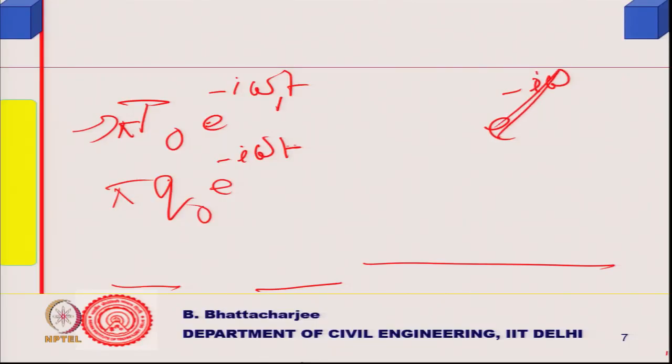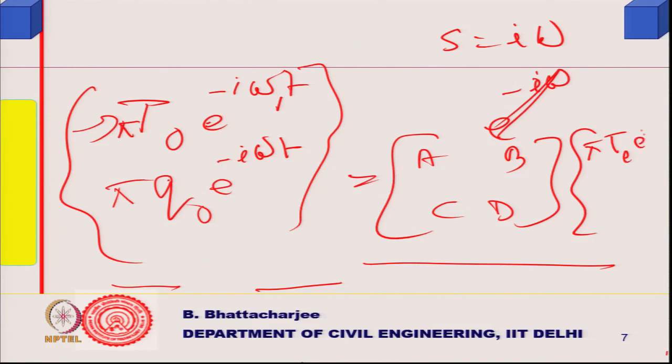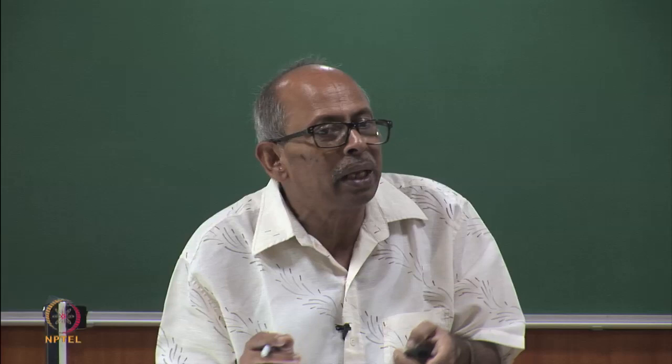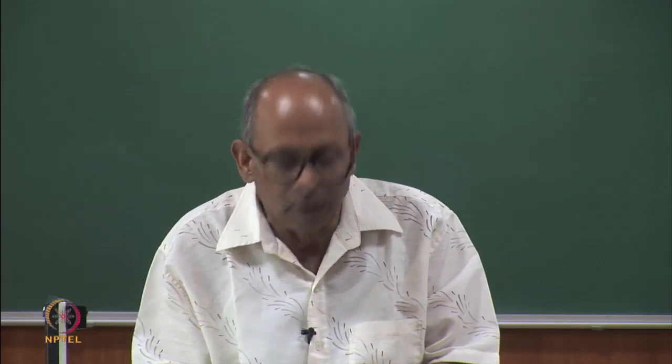So when I use this transformation, S equals i omega, I get A, B, C, D on this side, and also phi TL e to the power minus i omega t, and phi QL e to the power i omega t. Because instead of using S, if I use i omega, my function, after integration, gets transformed into this. But this I have to change.